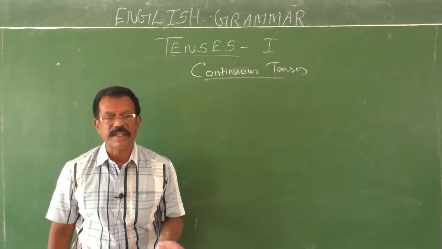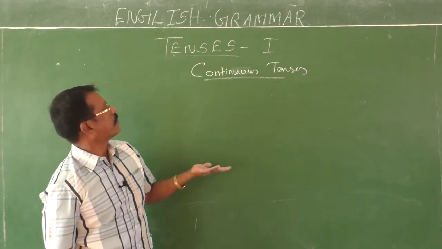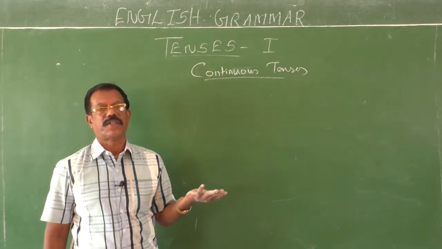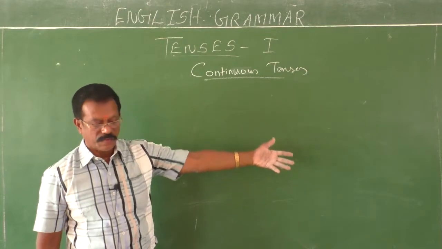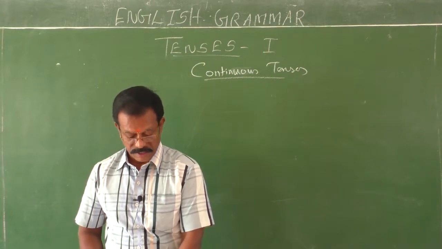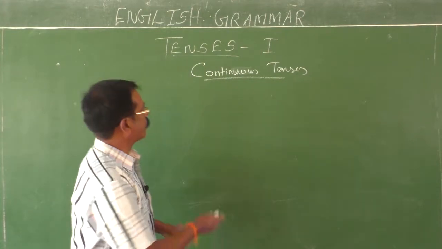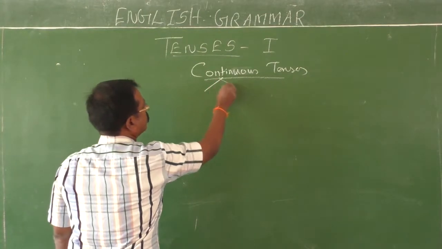Where do we have to use the present continuous, and what are the keywords? Let me explain. Where do we have to use the past continuous, and what are the keywords associated with it? Where do we have to use the future continuous, and what are the keywords associated with it?